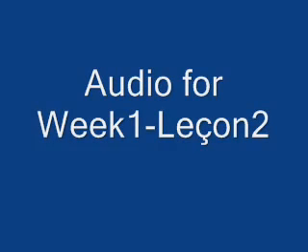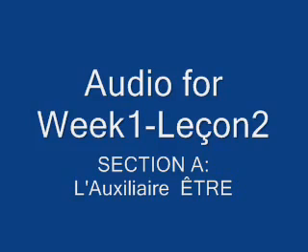Bonjour. This is the audio for lesson 2, week 1, leçon numéro 2. In the first lesson, we talked about the 6 pronoms personnels sujet in French, the 6 subject pronouns, and now it's time to add a verb.